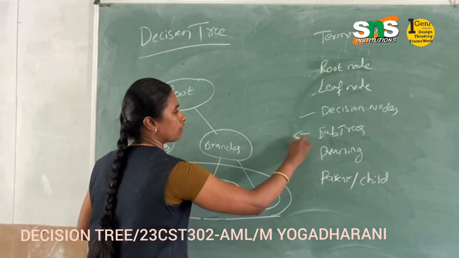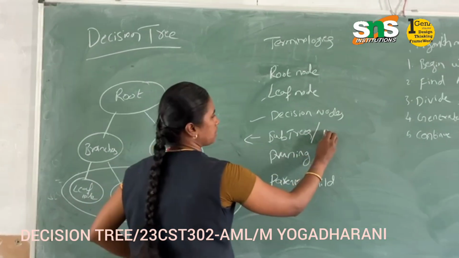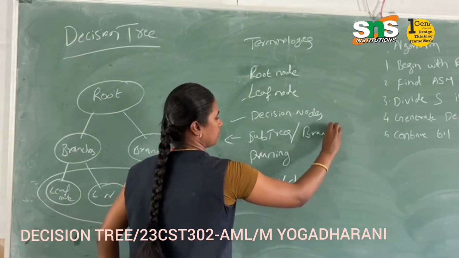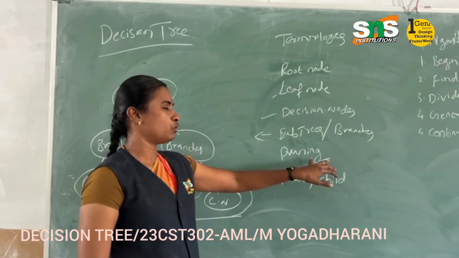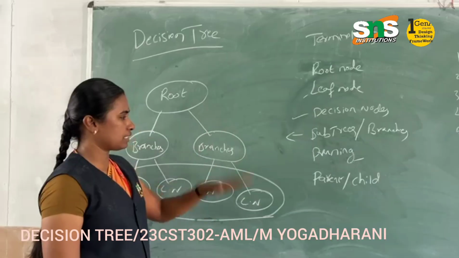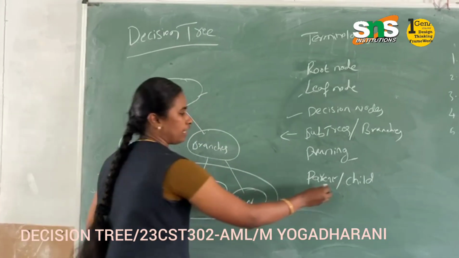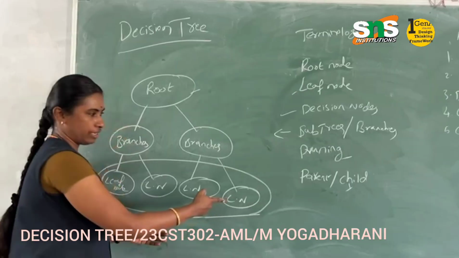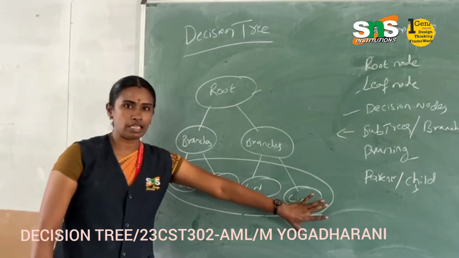Subtrees contain the rules, and are also called branches. Pruning is used to remove the unwanted subtrees in the decision tree. A parent node is nothing but the root node. A child node is a leaf node. Leaf nodes, as already told, contain the outcome of the entire data set.